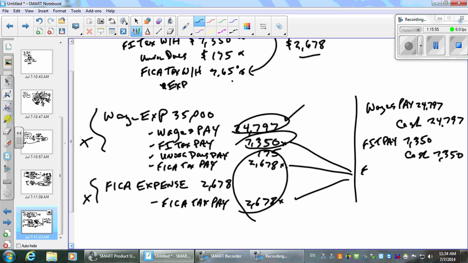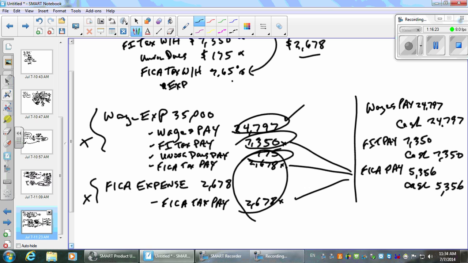So the FICA tax payable in cash is how much, guys? 2,678 times 2, right? Because you have to pay the employer's share and the employee's share. How much is that? 5,356? We're brilliant people. So now that one's gone. What's left?